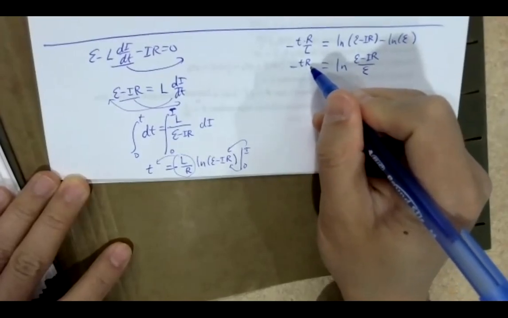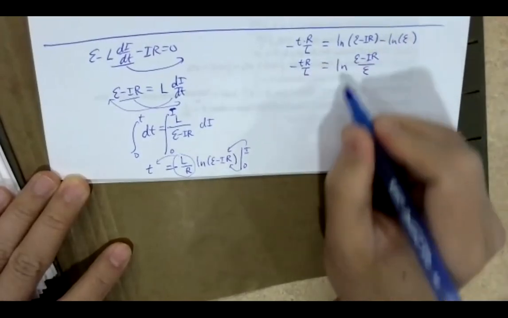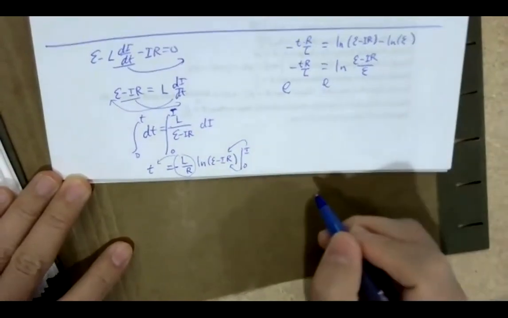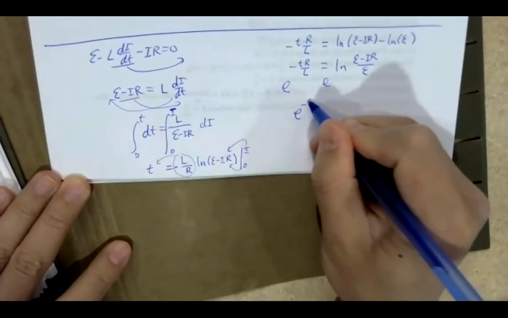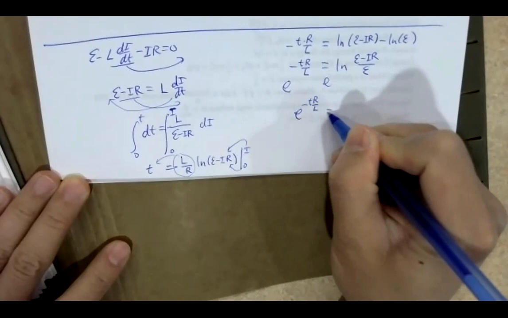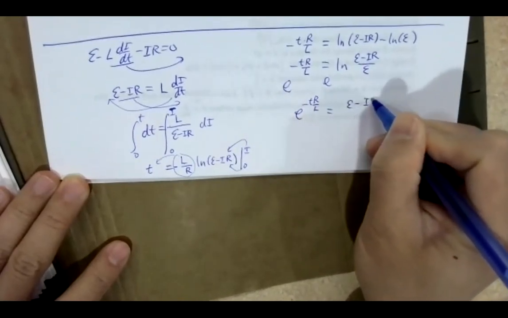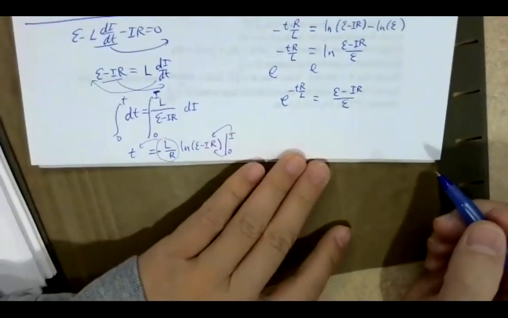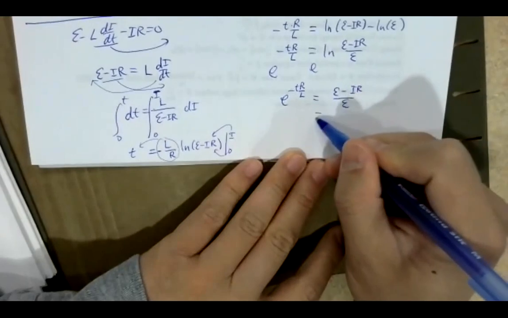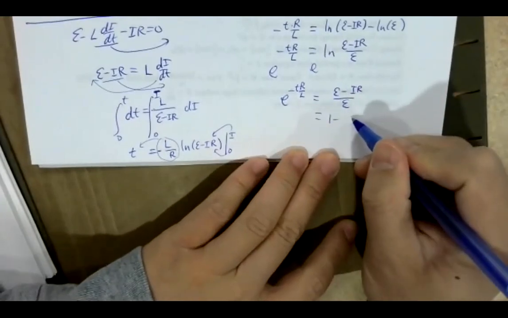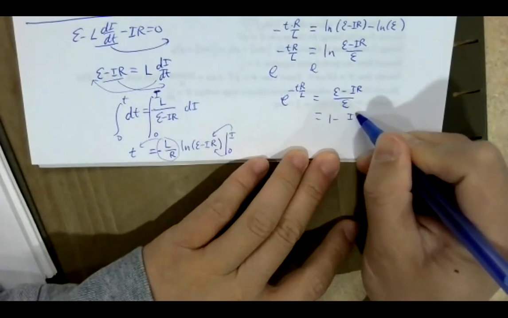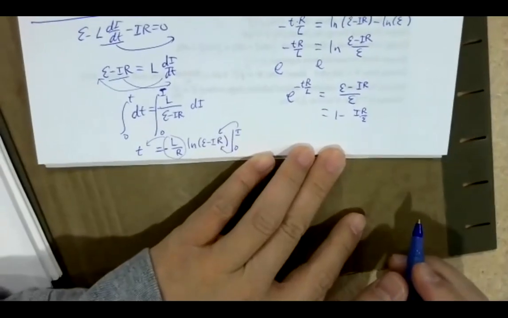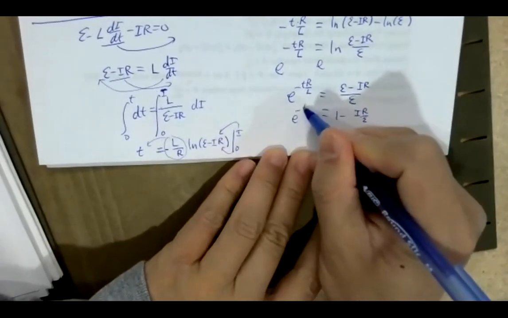To get rid of the logarithm, you take the exponential function of both sides. So e to the minus tR over L is equal to (epsilon minus IR) over epsilon, which becomes 1 minus IR over epsilon.